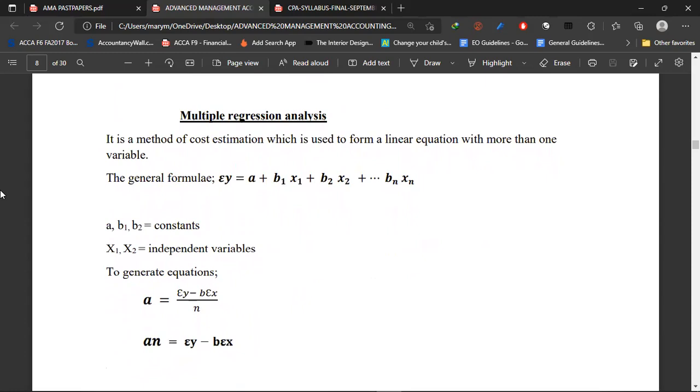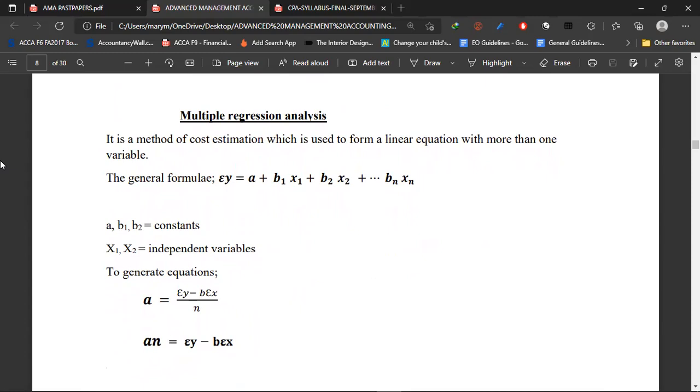Now, I want to engage on the second method of regression, and we are going to be discussing multiple regression analysis. For multiple regression, they have already tested only one question, which we shall look at later after we understand the concept of multiple regression and how we formulate the equations.